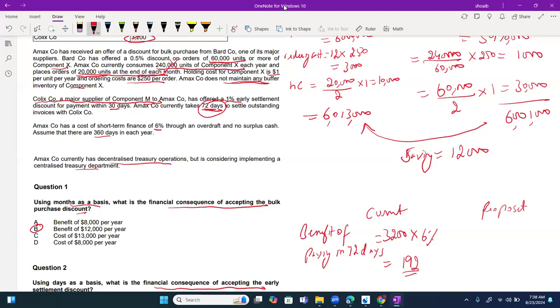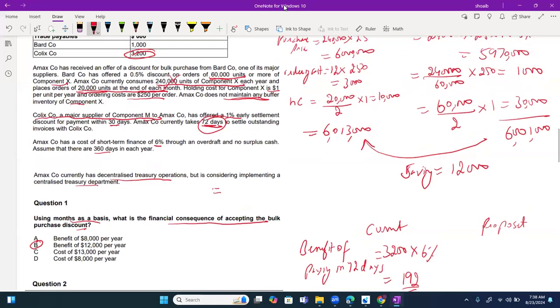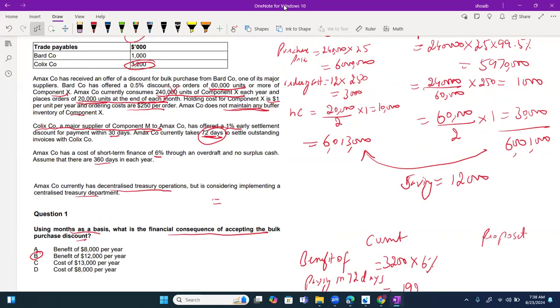Okay. You can calculate the purchases as well. If you have the payable and if you have the days, you can do a reverse calculation. Payables and days, you can calculate the annual purchases. Look at the formula. Payable days is equal to payable divided by purchases into 360.